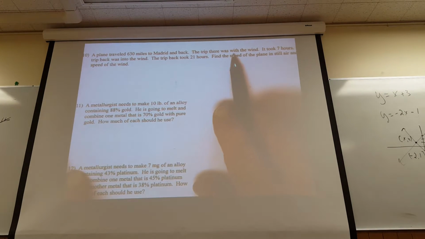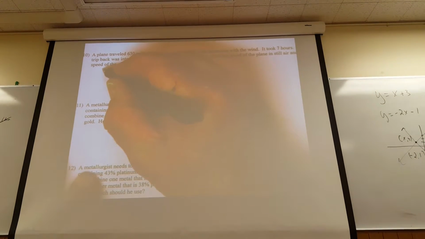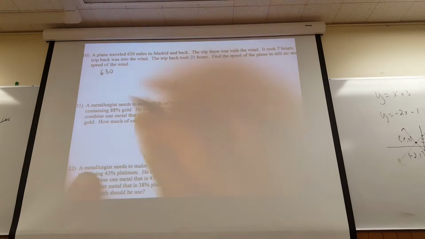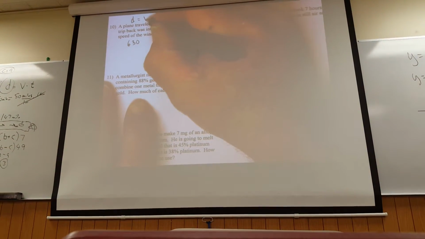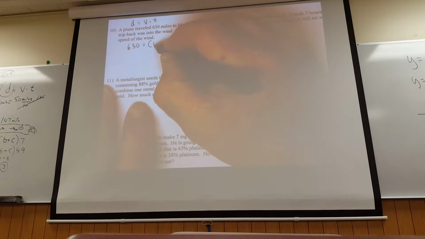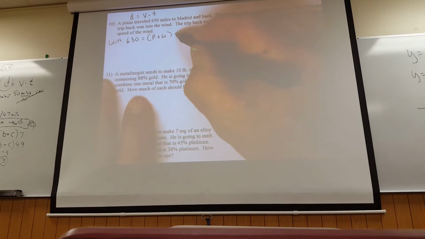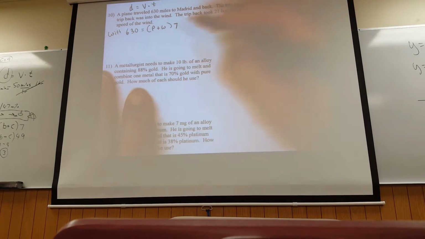The trip there was with the wind and it took 7 hours. So we would say 630, that's the distance. Remember, distance equals velocity times the time. That's gonna equal the plane plus the wind. See, we were with the wind and it took us 7 hours.